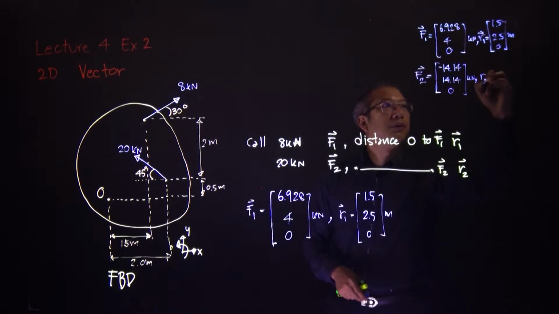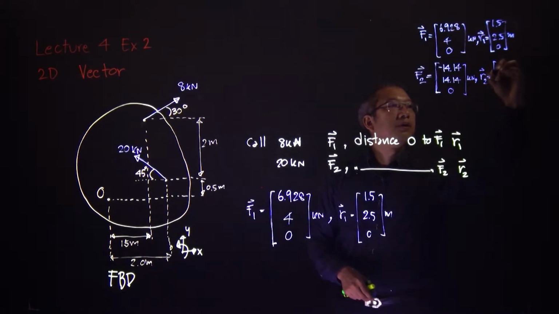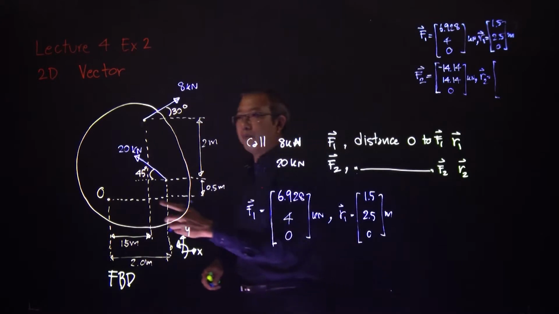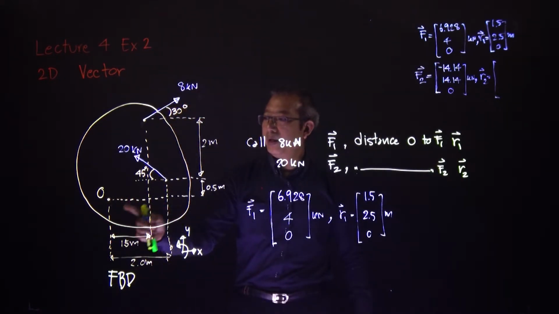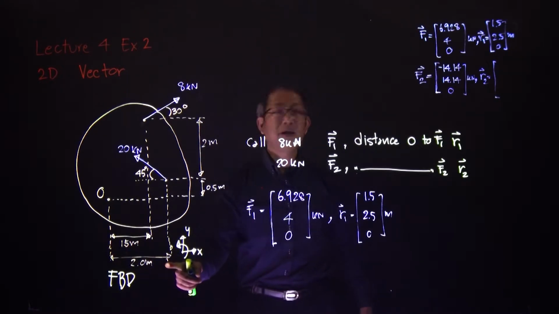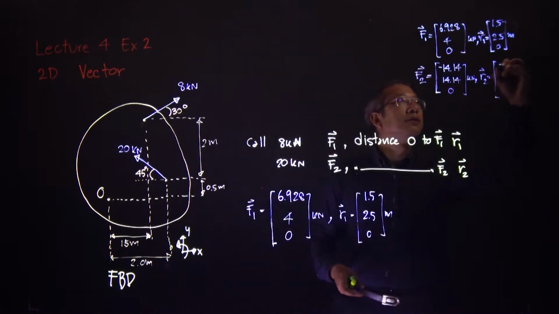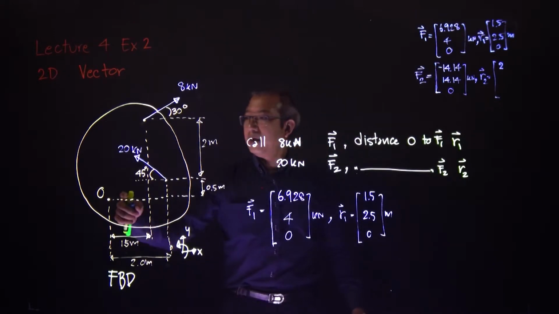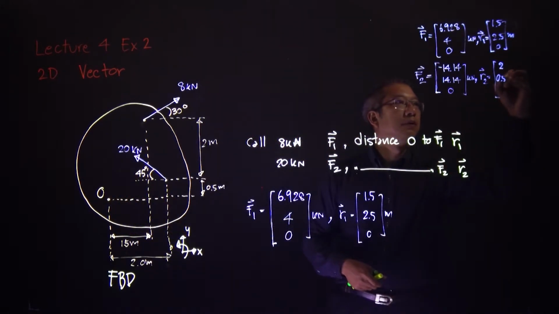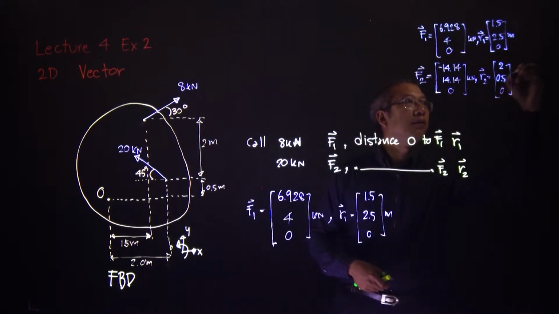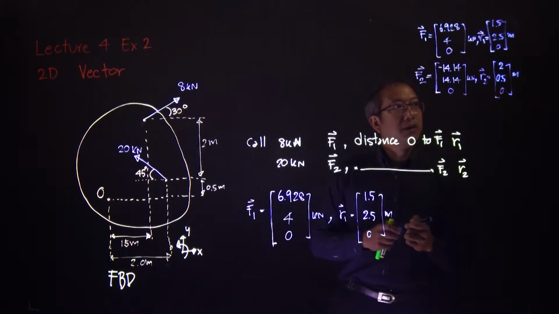And R2 is equal to, again measured from point O to the 20. So from here to here, in the x is exactly 2.0. In the y is from here up to here 0.5. And then 0 meters.